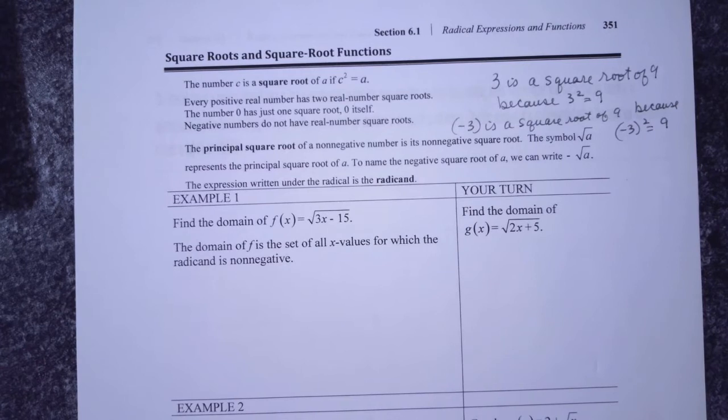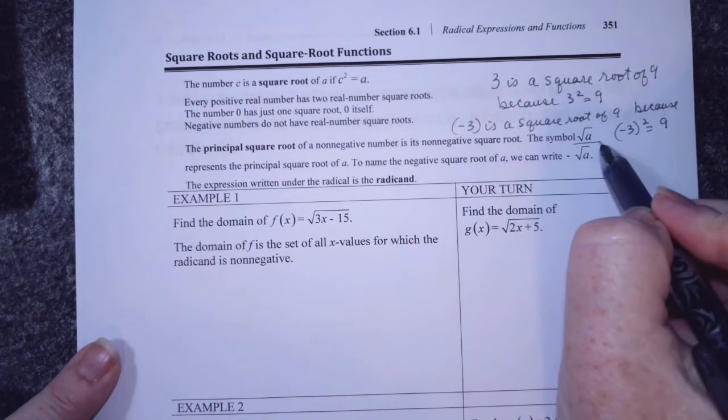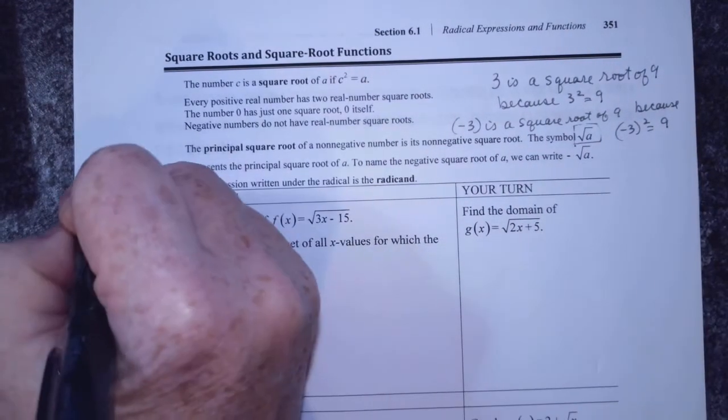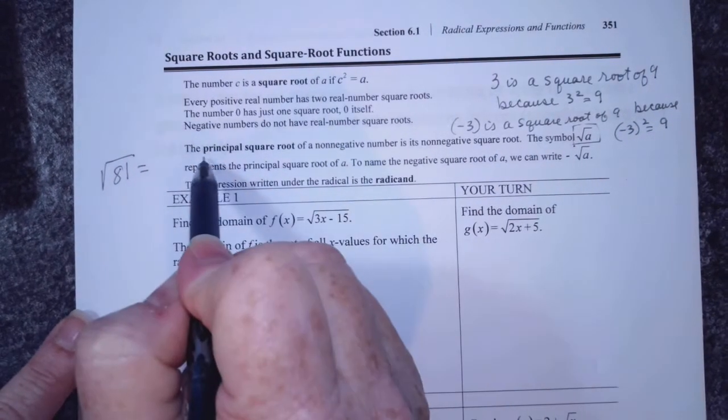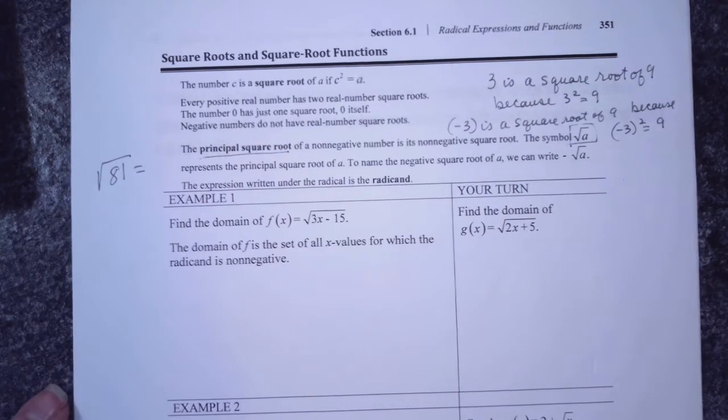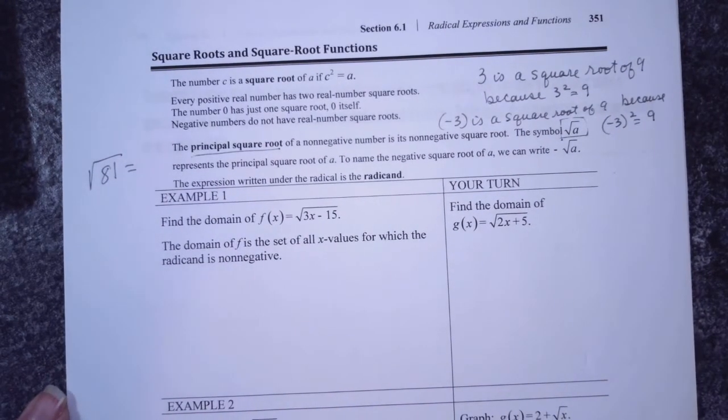But if you have a calculator near you and you take the square root of 16, what does it say? It just says 4, right? It doesn't say plus 4 or minus 4. When you see just the square root of a number, this is what we call the principal square root, or the non-negative square root.